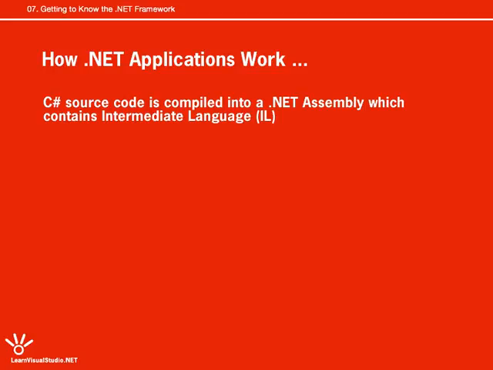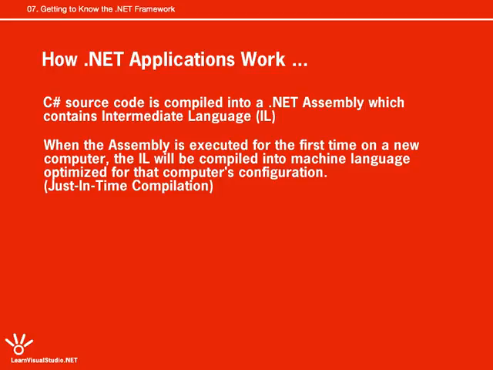So for example, if you were to create a .exe application and give it to a friend who's running Windows 98, the first time the application is run, it will compile a special version of your application using the intermediate language inside that assembly, specific to not only Windows 98, but also the specific processor and the amount of memory and things of that nature.